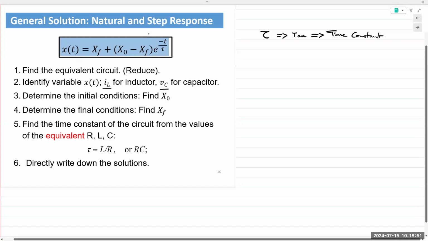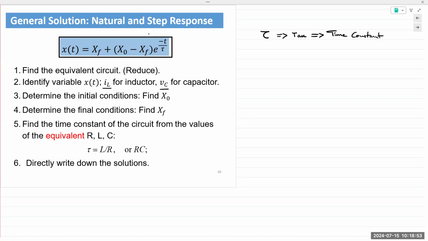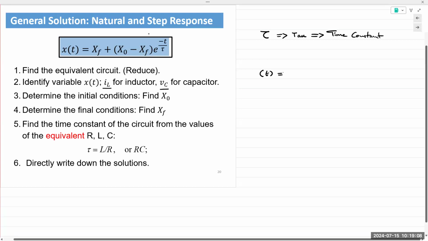So x can be either current or voltage for both inductor and capacitor. For an inductor, we typically write the current equation first. For a capacitor, we typically write the voltage equation first. The of t simply means that the quantity is a function of time.